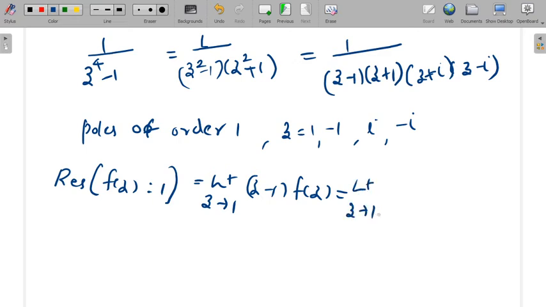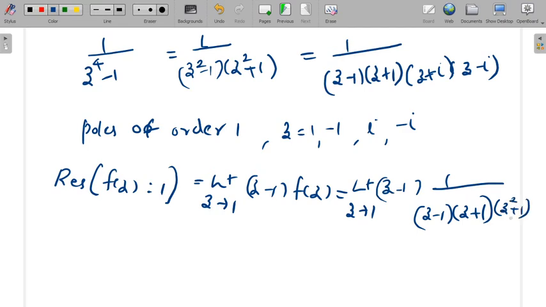You can write this as limit z tends to 1, z minus 1 into, we have factorized this into z minus 1 into z plus 1, and my aim is just to cancel the z minus 1. So you may keep the other term as it is, z square plus 1. So I can cancel the z minus 1, give z the value 1, you get 1 by 2 into 2, which is equal to 1 by 4.